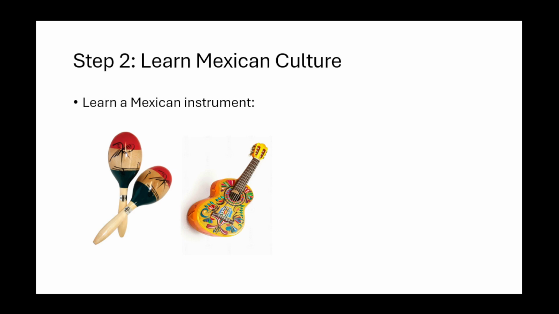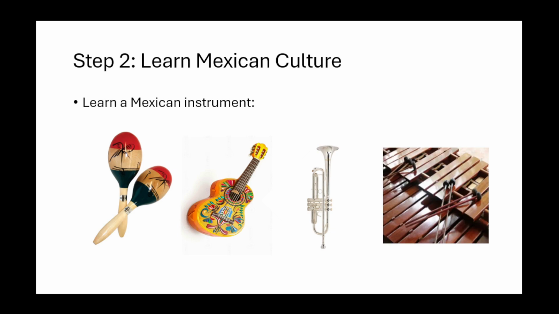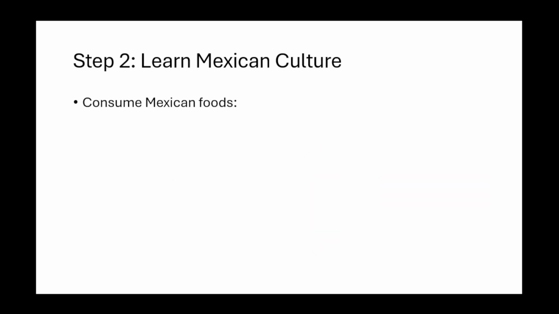There you go. Get a regular guitar, put some decal on it. Then you've got your trumpet, like in Mambo Number 5. And then you've got, of course, the Marimba Chiapaneca de Madera Fina. Enough said.